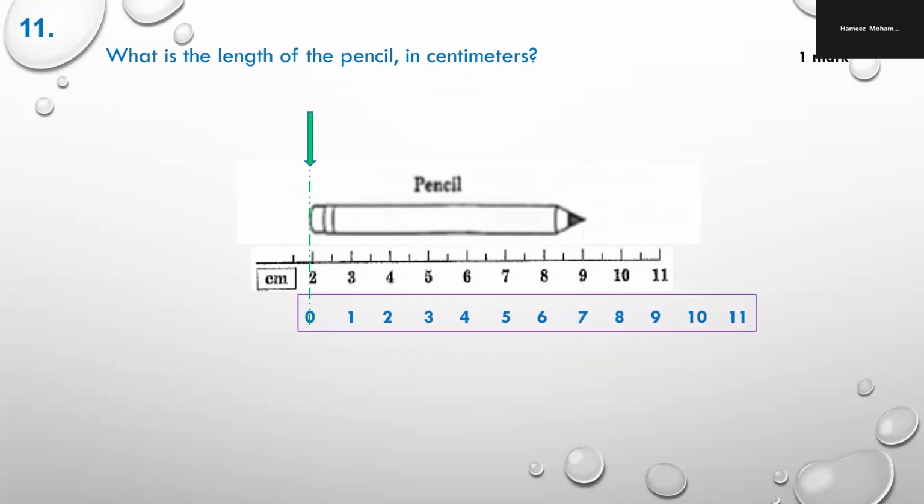And if we count until the end, which is purple, we will see from where it starts 0, 1, 2, 3, 4, 5, 6, 7. It's 7 centimeters long. So that's our answer. Some people like to say, well, it ended at 9 and it started at 2. So 9 minus 2 is 7. And that will work as well. That's fine.